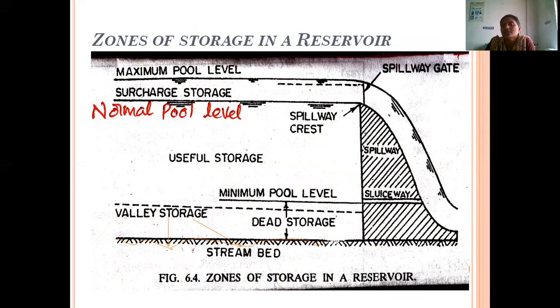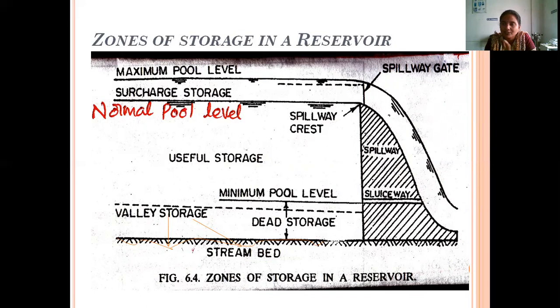The water at these gates is not utilized for any purposes. It is the excess water released into the downstream. But this water will be present in the flood season only. If floods are more, then the gates are opened and excess water is released into the downstream or river.